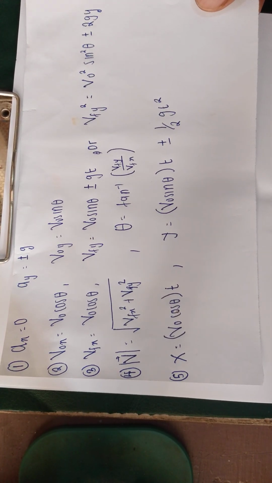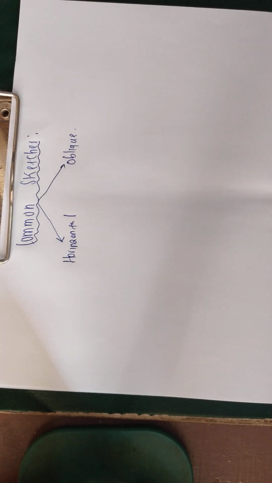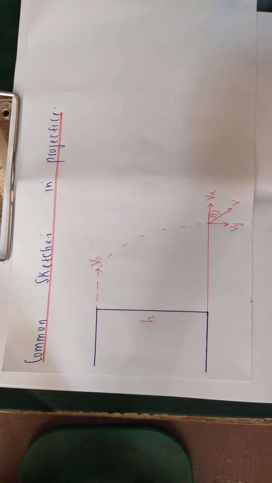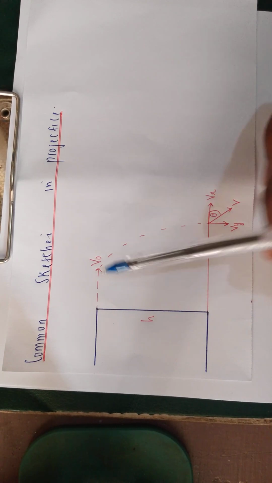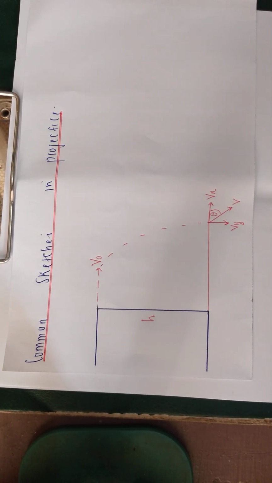So we'll start with horizontal projectile motion. It's a sketch in this form where an object has been projected horizontally from a certain height, then it carries out projectile motion. So this type of sketch is known as horizontal projectile motion.